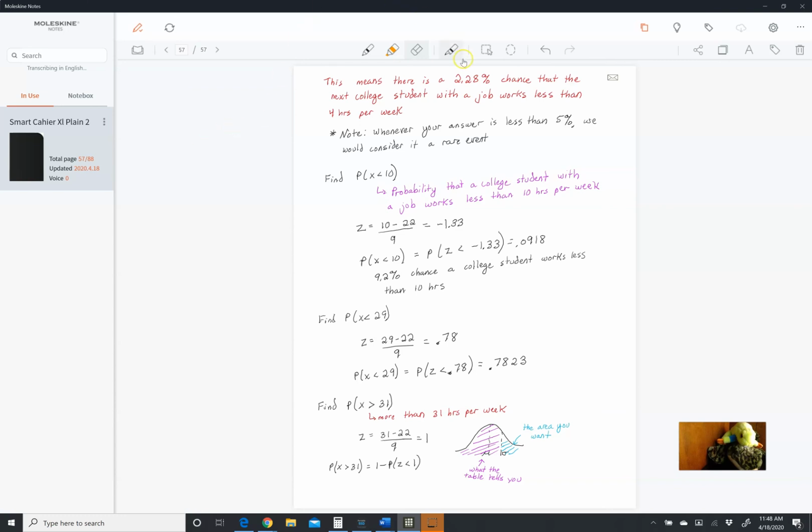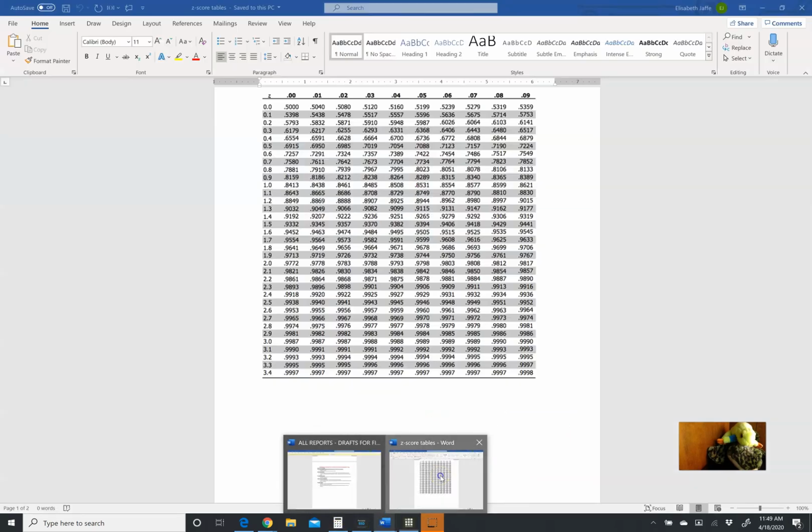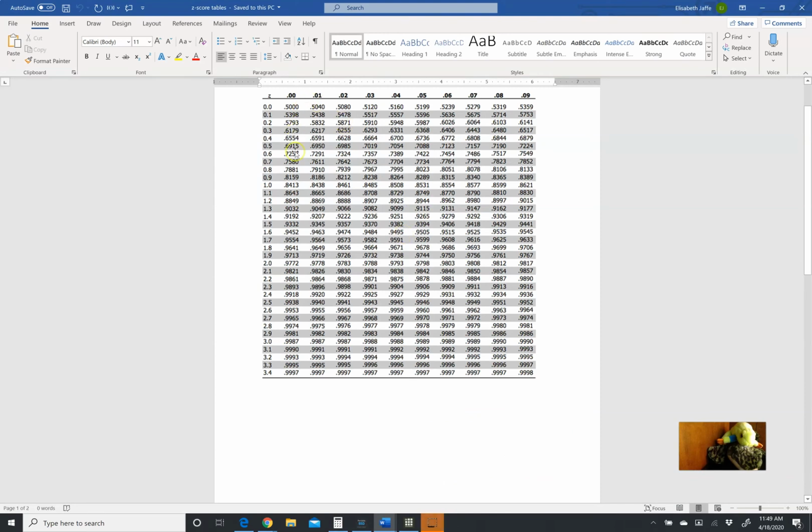This is also one minus the probability of x less than 31. Okay. So what's the probability that z is less than 1? We have to go to our z-score chart. Well, here's 1. 1.0 is 0.8413.